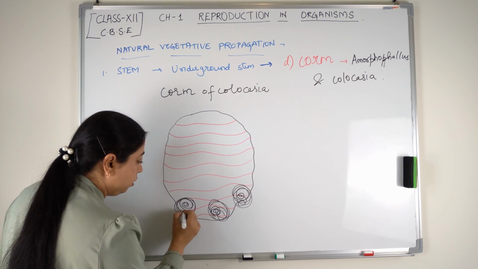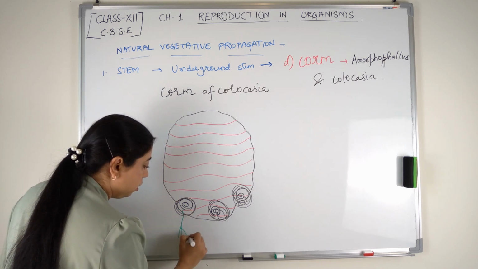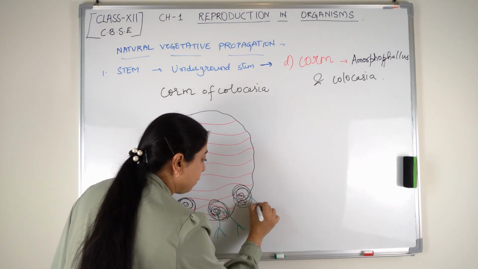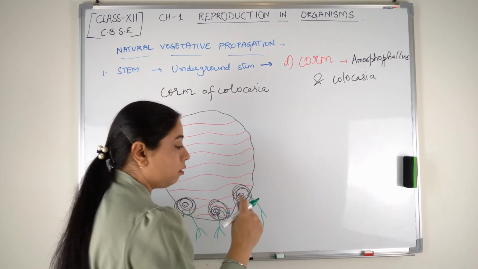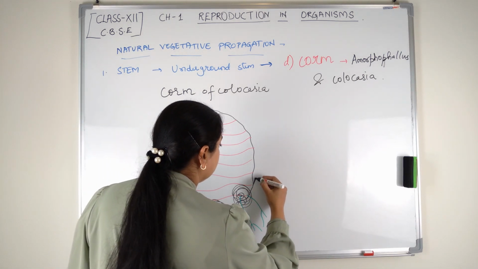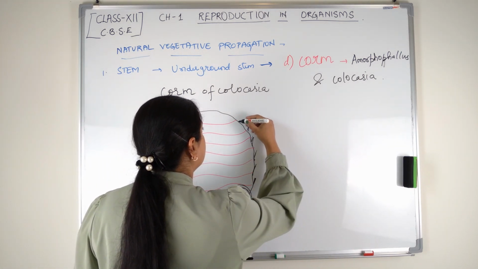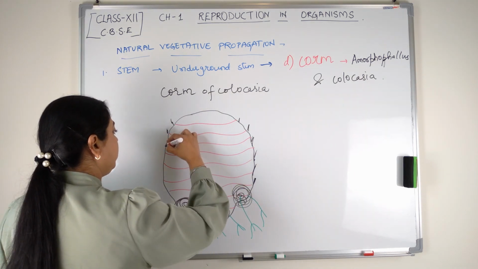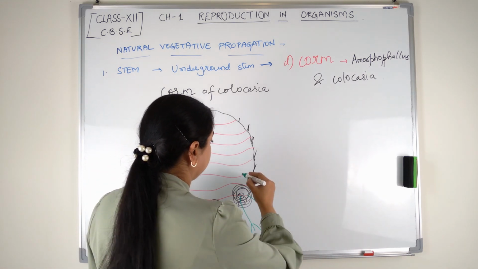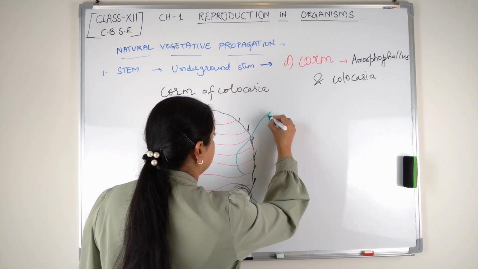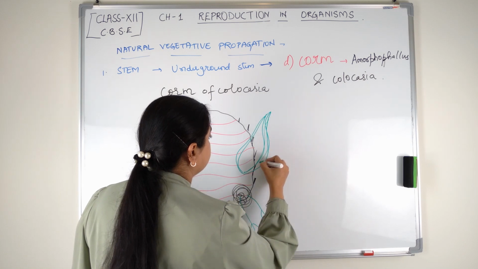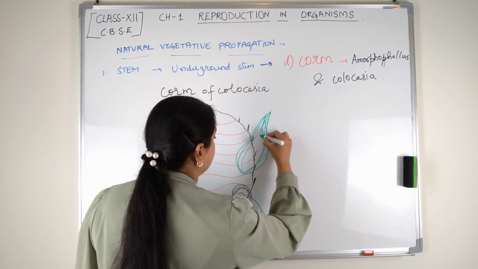And the nodes in these areas give rise to adventitious roots. So there are ventrally placed adventitious roots as well. They are comparatively a little hairy. They have bristle-like structures. Sometimes a scaly leaf is also present.